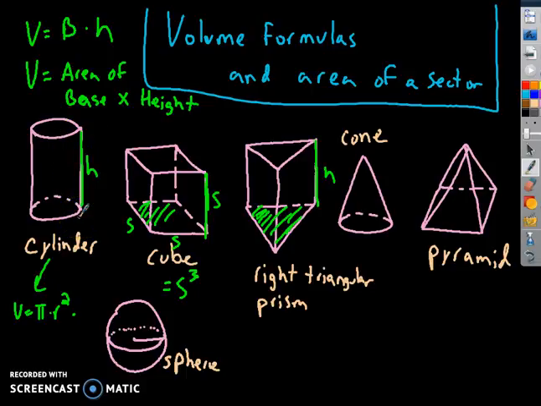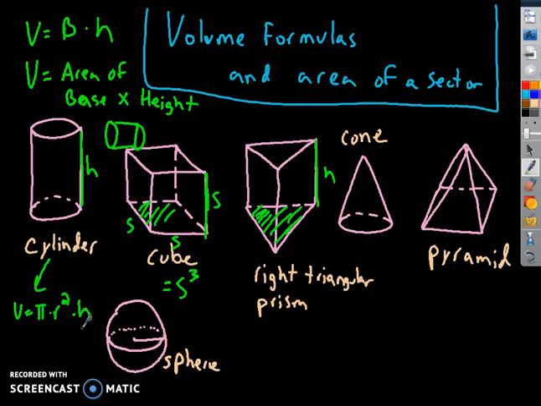Sometimes people give you a cylinder that's laying sideways and you want to know the height. The height wouldn't be top to bottom. It would still be the section that connects the two bases. So anyway, the area of the base is pi radius squared, times the height.